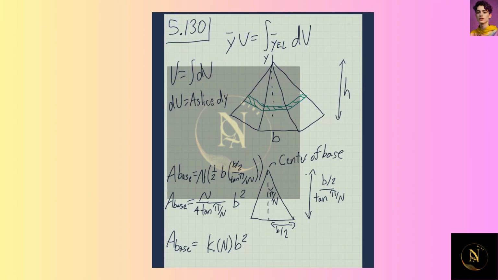And so we can relate the area of the base of the pyramid to the slice anywhere in the pyramid using similar triangles. Because I'll call the side of the pyramid along the slice S. And we have a distance y that goes to the slice, and then the slice itself will have a thickness of dy.